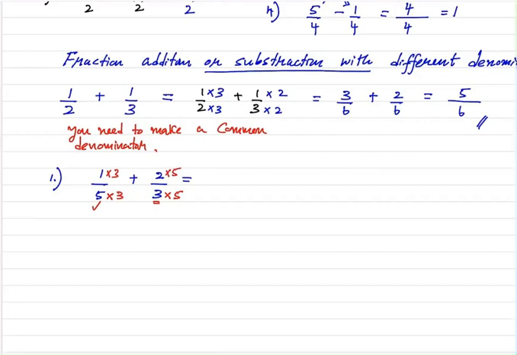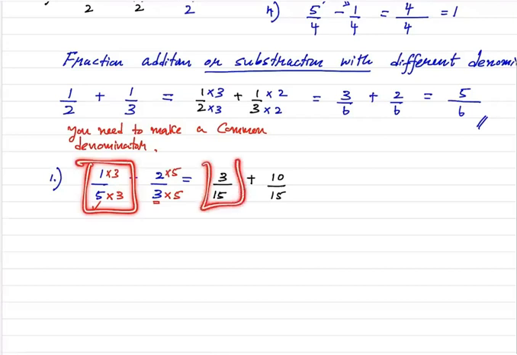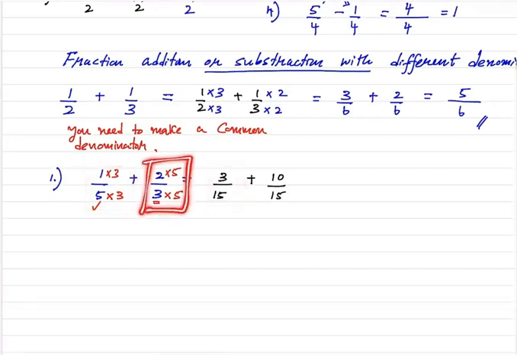Now you write individually. 1 times 3, 3. 5 times 3, 15. Plus 2 times 5, 10 here. 3 times 5, 15. You just simplify this, this, this, this, and here, right? So this would be this, and this would be that.